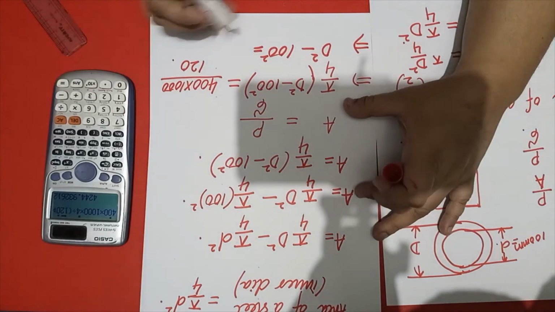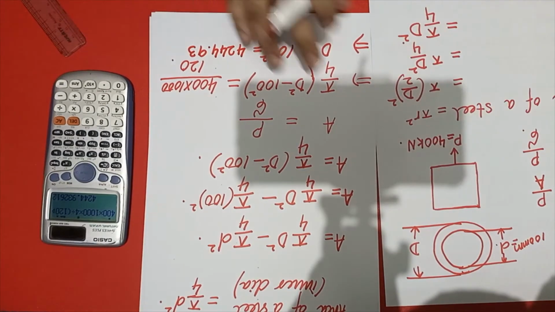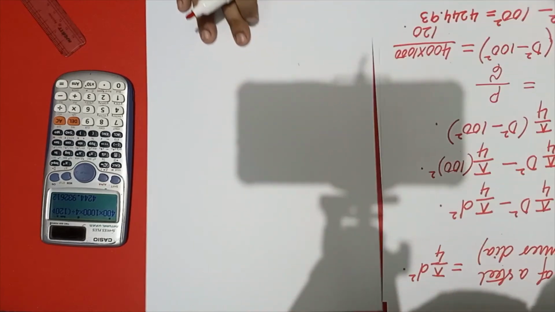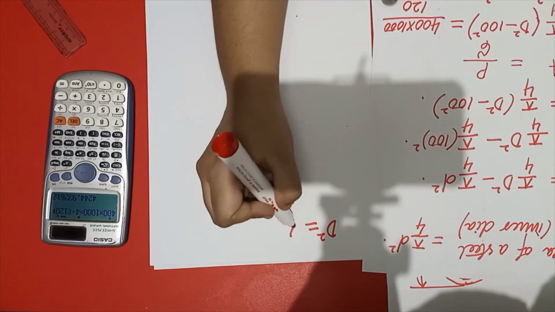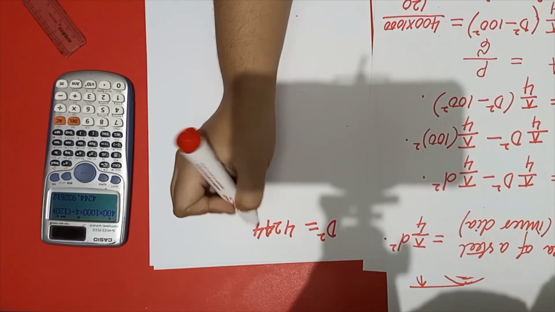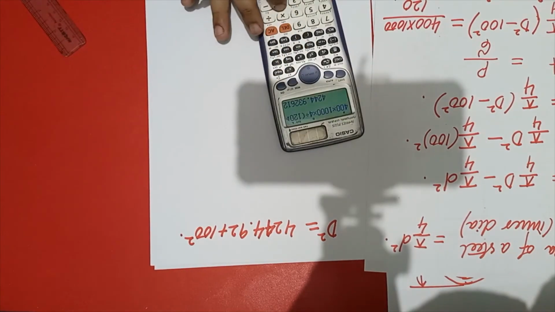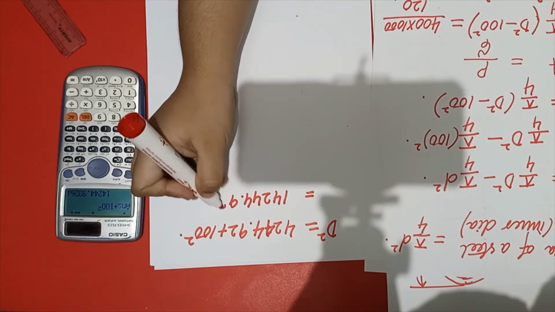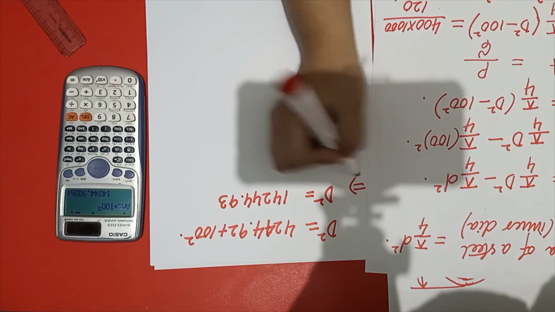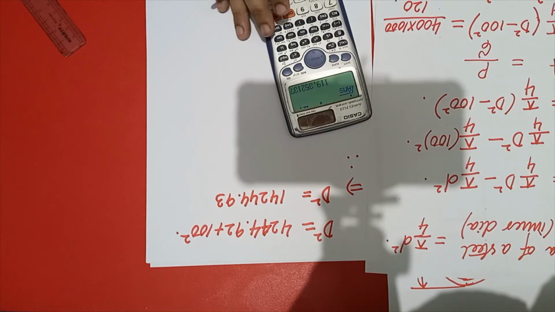So it will come out to be 4244.93. So D square minus 4244.93 plus 100 square, so D square will come out to be 14244.93. So under root, the answer will be 119.